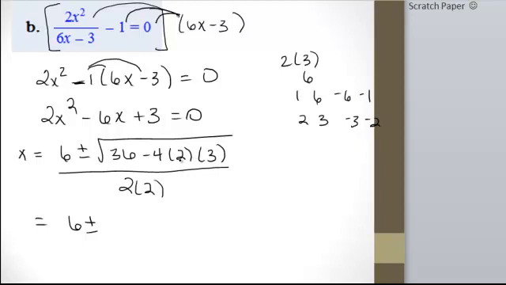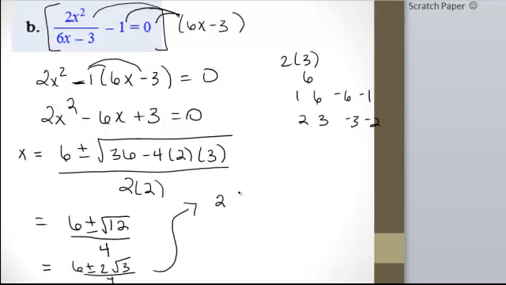So 4 times 2 is 8. 8 times 3 is 24. And 36 minus 24 is 12. If you simplify the square root of 12, that's 4 times 3. So 2 square roots of 3. Now you can notice between the 6, the 2, and the 4, they all have a 2 in common. So I think I'll factor a 2 out of the numerator.